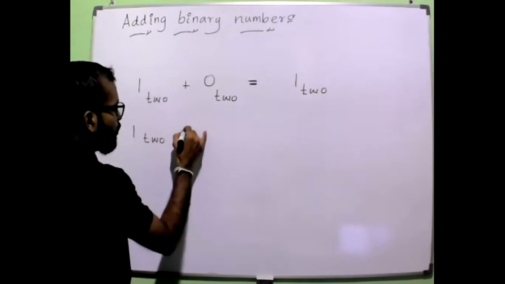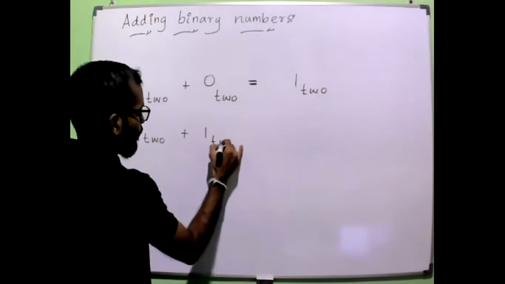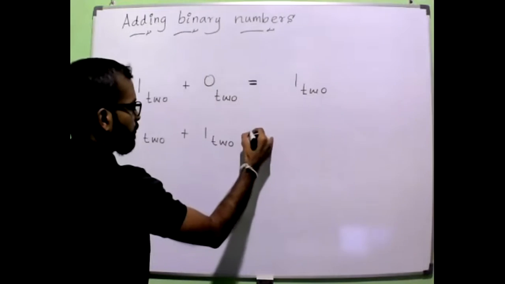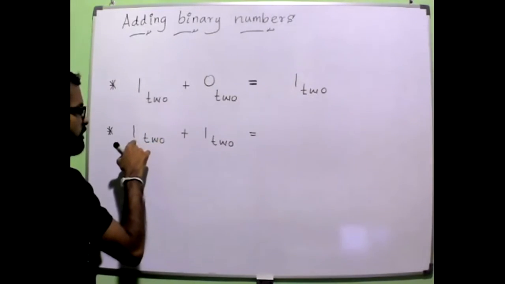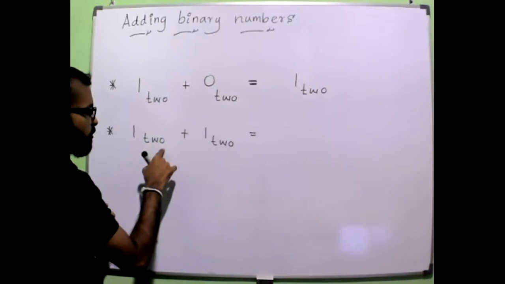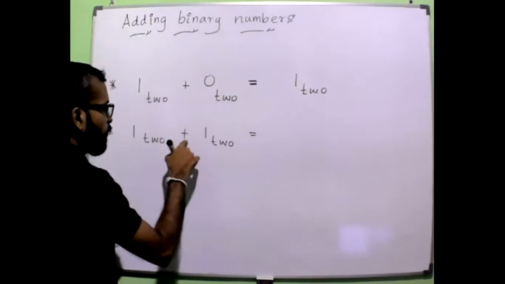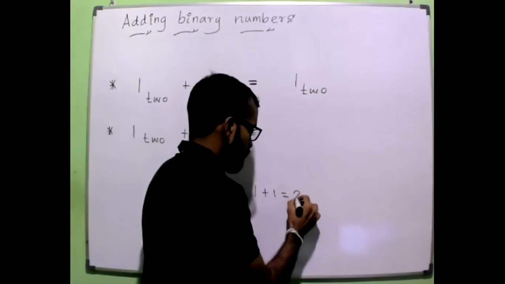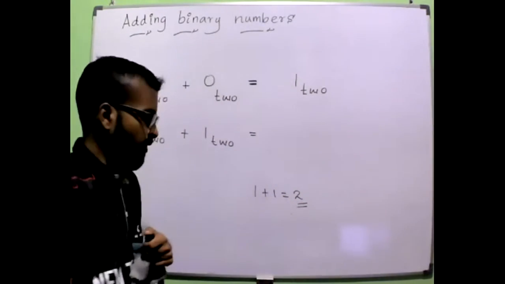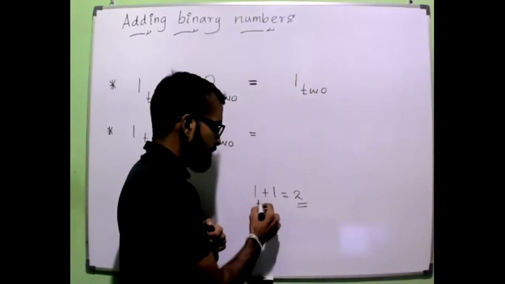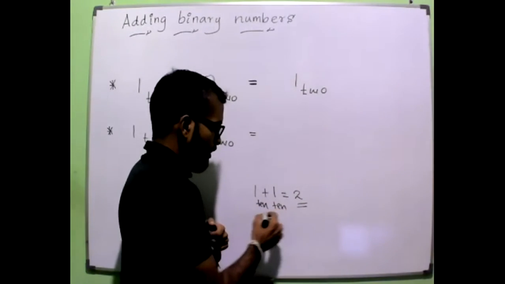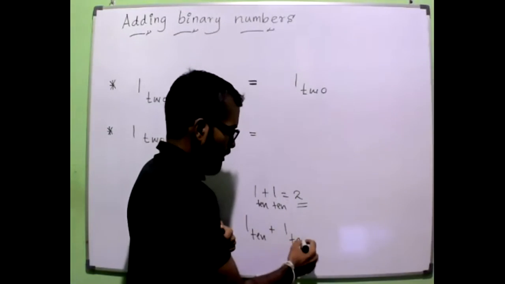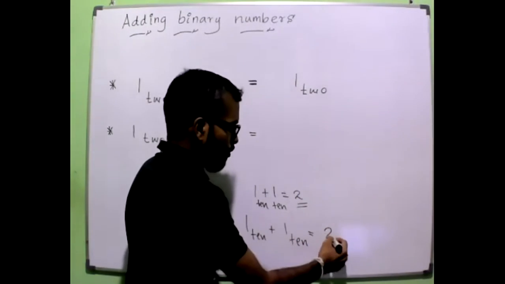Now keep your eye on the board. This one is okay: 1 plus 0 is 1. But what about this one? 1 base 2 plus 1 base 2. Normally, when we have base 10, 1 plus 1 means 2.